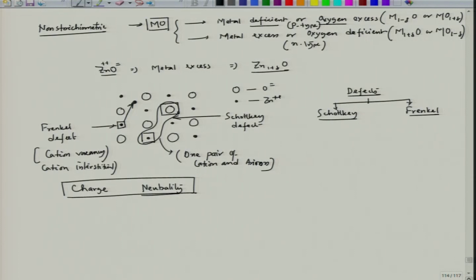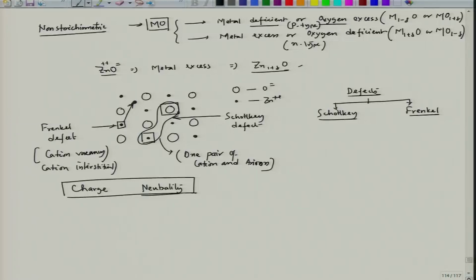We can generate different types of defects as well as missing sites, as well as have a difference in their charge carrying mode. In one case positive holes carry the charge, and in another case electron will carry the charge. So, now at least for zinc oxide, I will see that particular situation again.